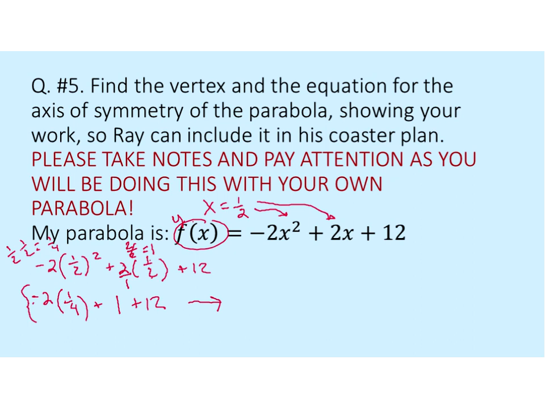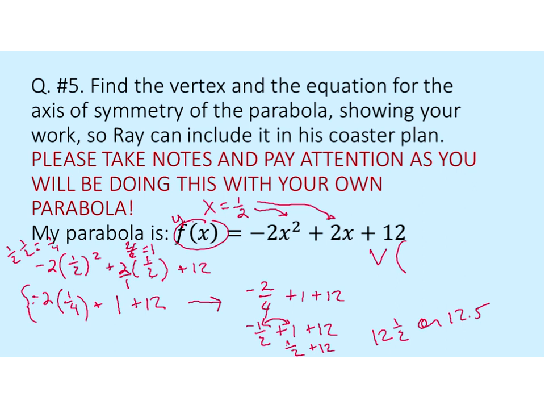Now we have negative 2/4 plus 1 plus 12, which is negative 1/2 plus 1 plus 12. The easiest way is negative 1/2 plus 1 is positive 1/2, plus 12, which is 12.5.